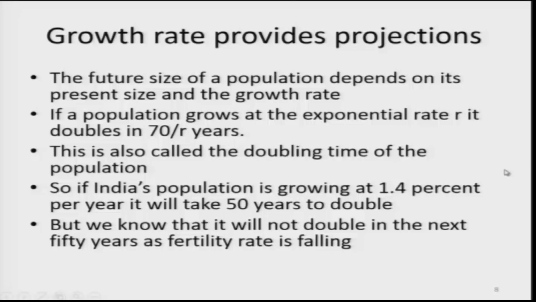Now, growth rate can be used for simple projections of population. The future size of a population depends on its present size and the growth rate. If the population grows at the exponential rate r, then it doubles in 70 divided by r years. This is also called the doubling time of the population.